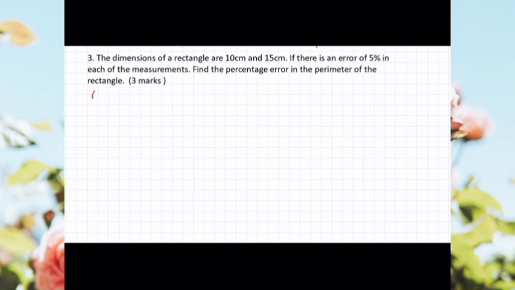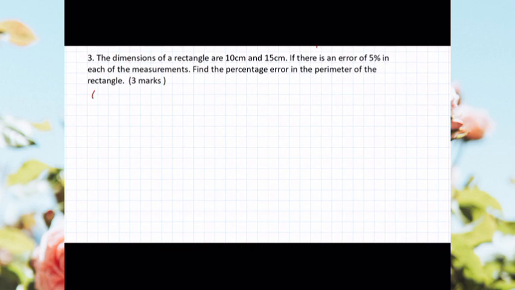So now, in this scenario, we encounter a different aspect of the errors, whereby we are being told that there is a 5% error in each of the measurements. So this means we'll be required to find out what is 5% of 10 centimeters and what is 5% of 15 centimeters. So we quickly do that.